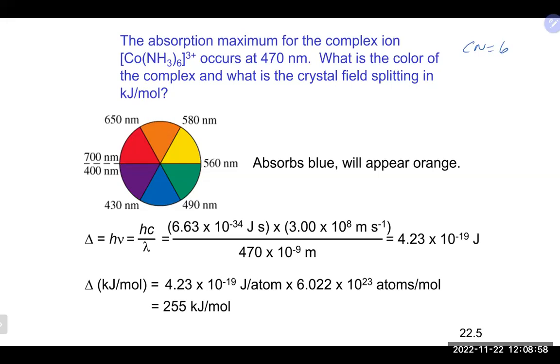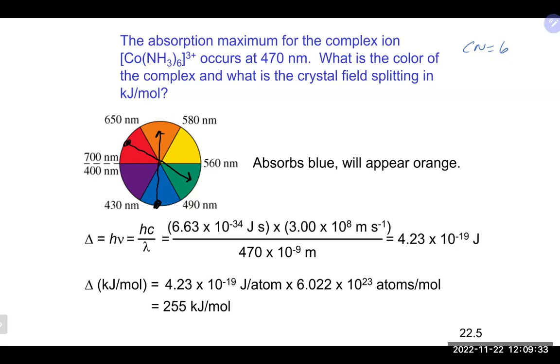If the maximum wavelength is at 470, which would be in this ballpark here, the color of the solution that we actually see would be its complementary color across the wheel, and it would actually look orange to us. If we had a red solution, we would be setting our wavelength in that greenish area, which is sort of what we did on that equilibrium experiment way back when. That's probably about in the range where your wavelength would have been.